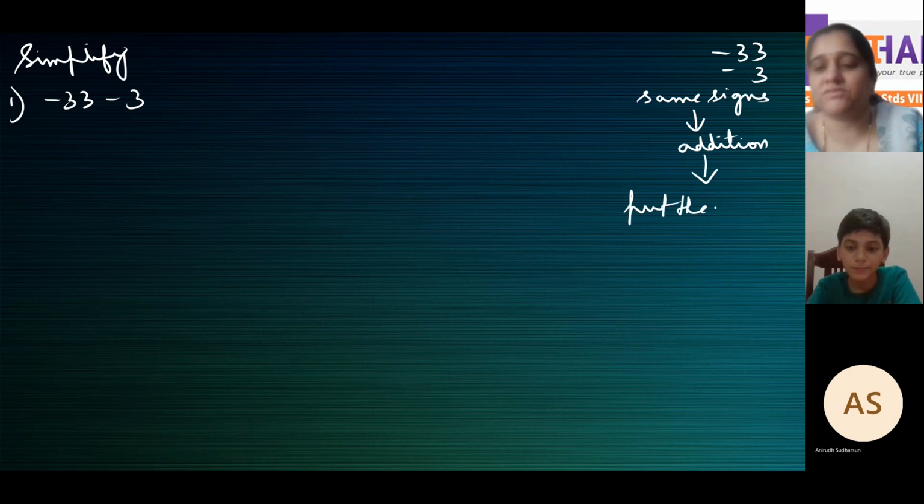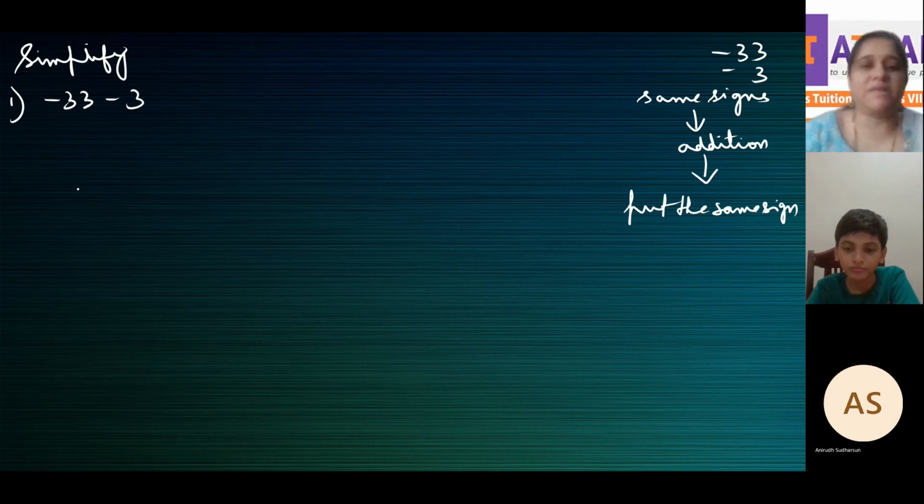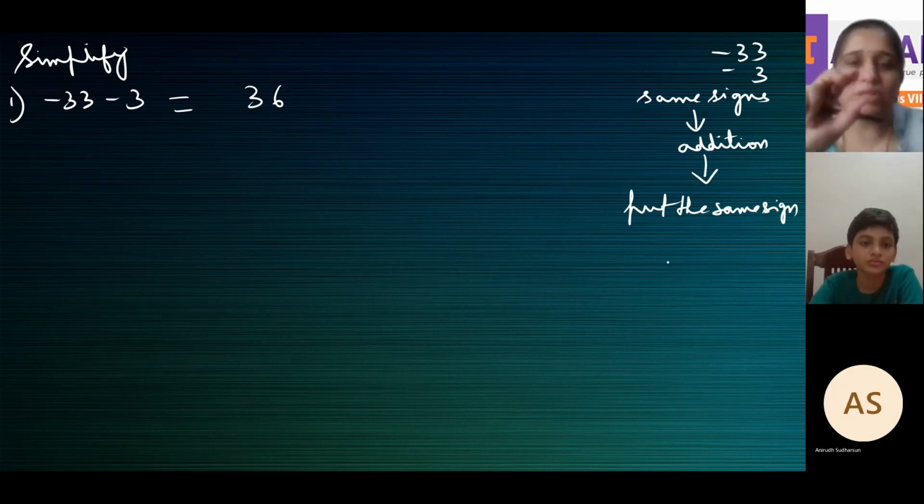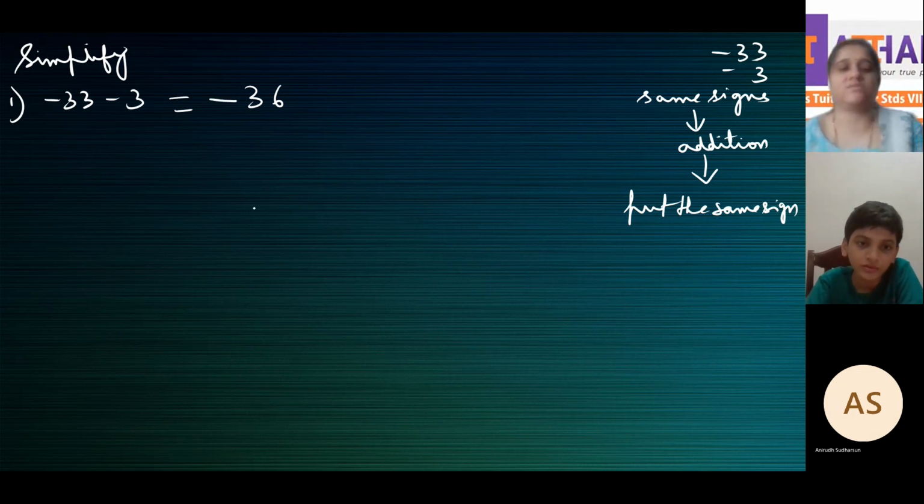Put the same sign. Now let us apply that here. We should add 33 and 3. When you add, you will get 36. We've performed the addition. And the sign? Put the same sign, minus 36.